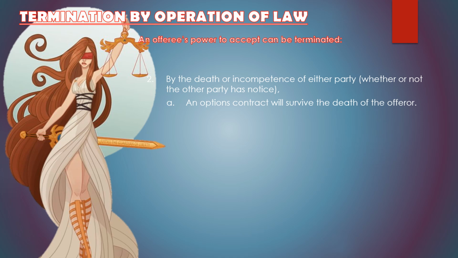An options contract is created when the offeree pays the offeror some consideration to keep the offer open for a specified period of time. Because the offeror was paid to keep the offer open, that means the offeror received something to do that before the offeror died. And once again, that's something for something, right?